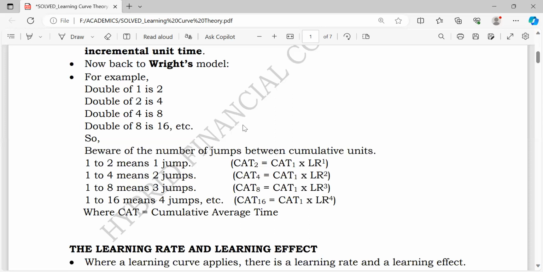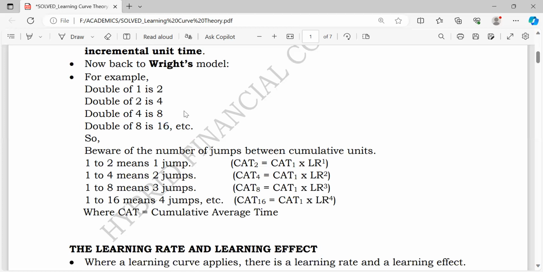All right. I'm just trying to conceptualize the model so that we arrive at a particular equation, right? So beware of the number of jumps between the cumulative units. What do I mean by the number of jumps? For example, let's say you produce 1 unit and then you produce 16 units.